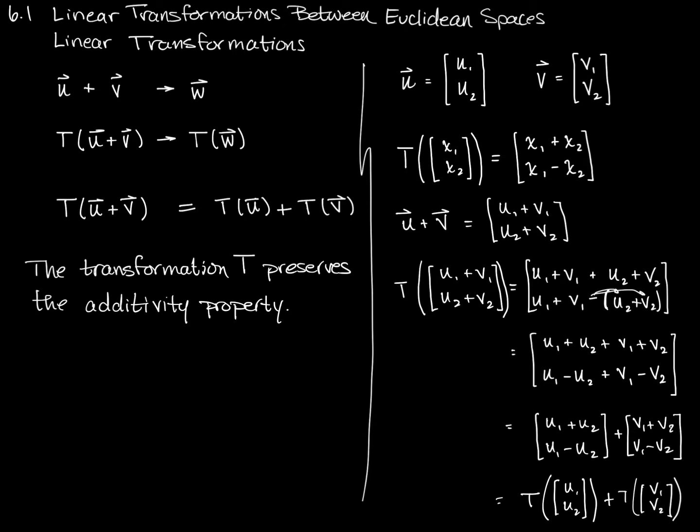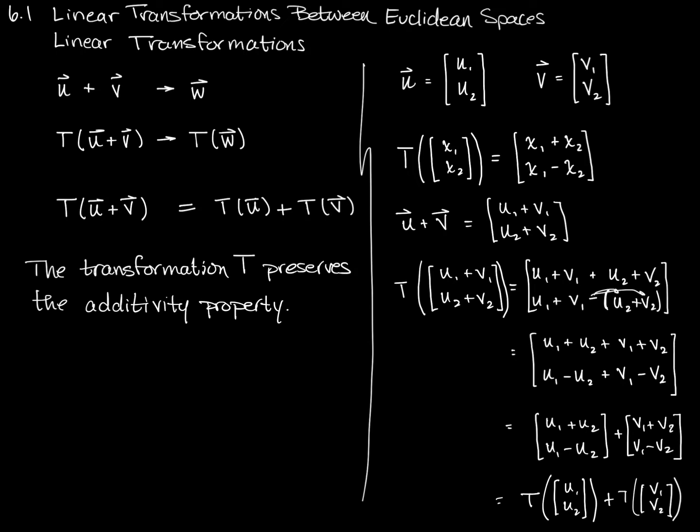Your textbook actually calls that the additivity property. So the transformation T, which does this to vectors, preserves the additivity property because I can either add the two vectors together first and then take the transformation of those, which gives me this, or I can take the transformation of each of the two vectors independently and add the results together, and I'll get the same thing.